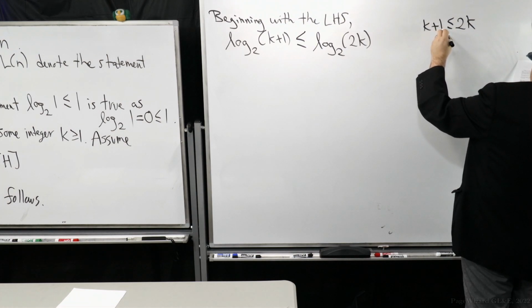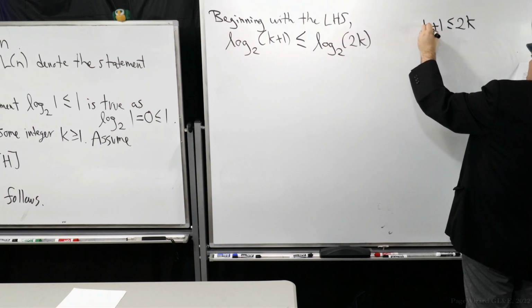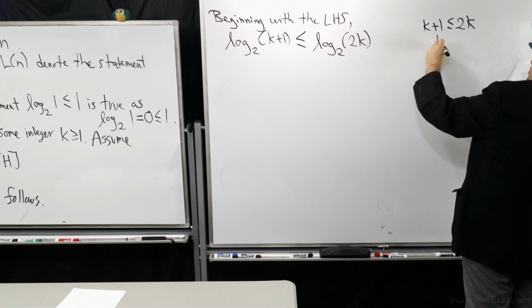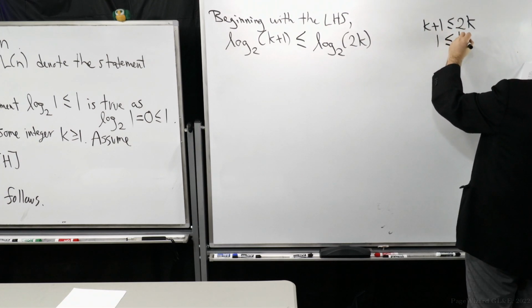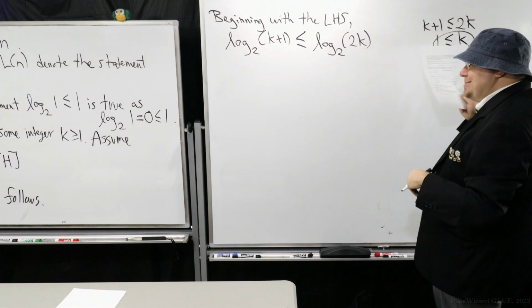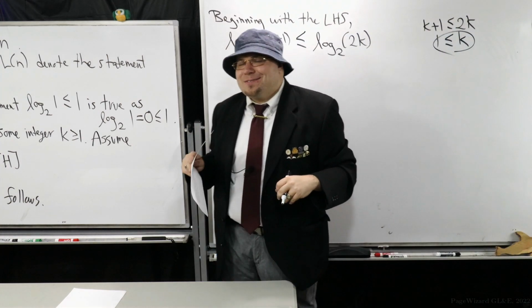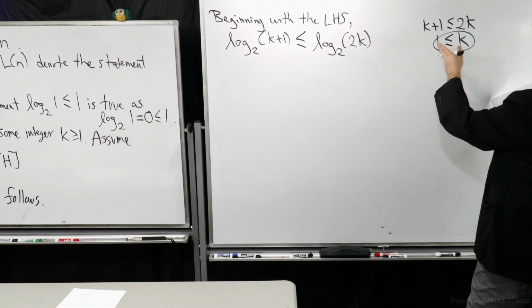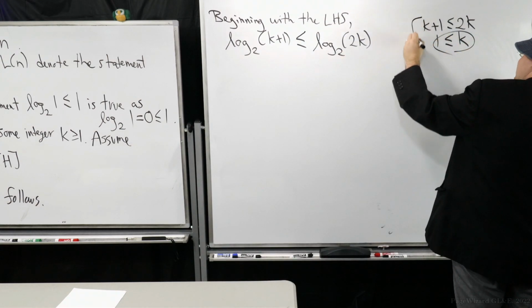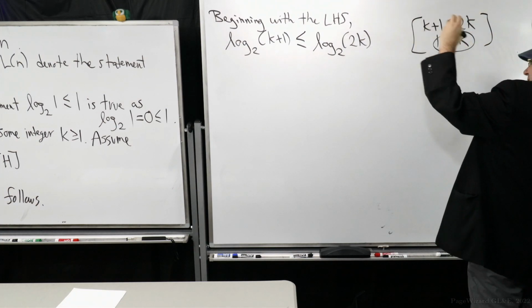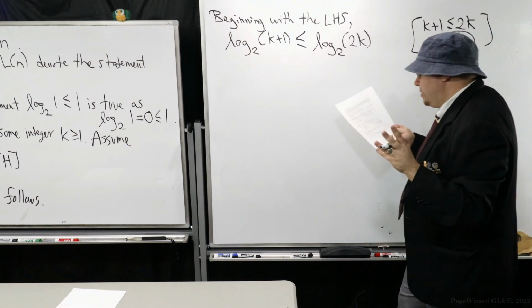I can subtract k from both sides, and now I end up with 1 is less than or equal to k. Do you see how this is just saying that this has to be true for k greater or equal to 1? That's all it's saying. So this is guaranteeing that this holds for all k greater or equal to 1.